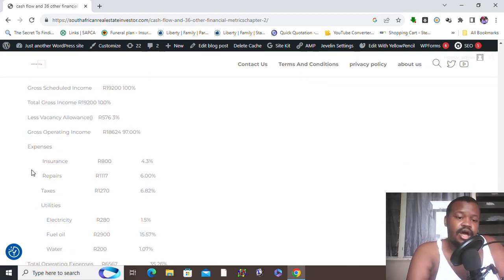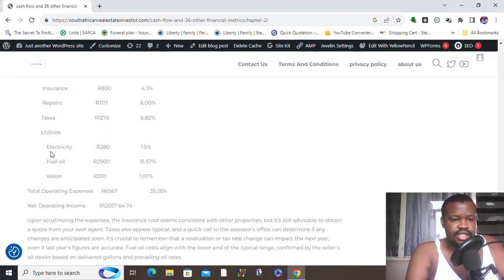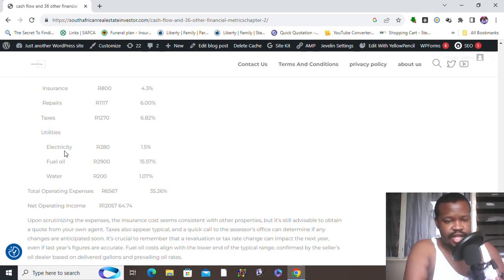The expenses are insurance 800, 4.3%; repairs 1,117, which is 6%; taxes 1,270, which is 6.8%; utilities are electricity 280 rand, which is 1.5%; fuel oil 2,900, which amounts to 15.57%; water is 200, which amounts to 1.07%.